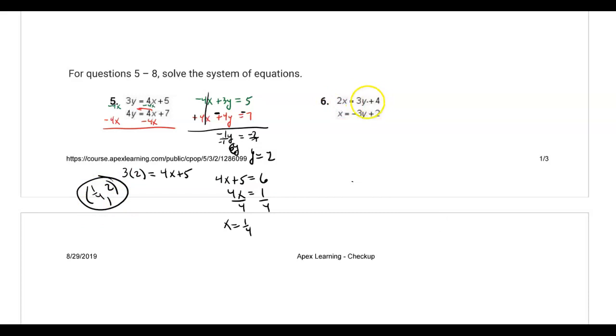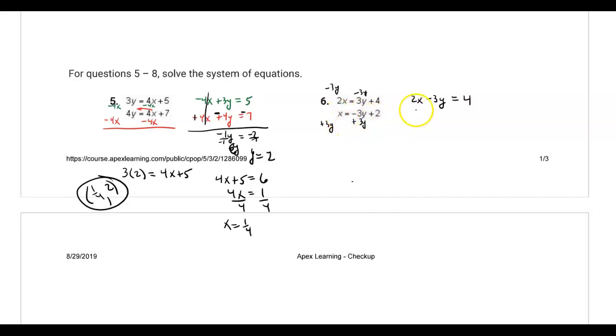Okay, now right away here, the next one, to put this in standard form, I'm going to subtract 3y from both sides. But since 2x is positive, it's going to be 2x. 3y is now negative, so minus 3y equals, what do I have left over here? 4. The next one, to move this over, I'm going to go ahead and add 3y, but I want to make sure I align the terms.